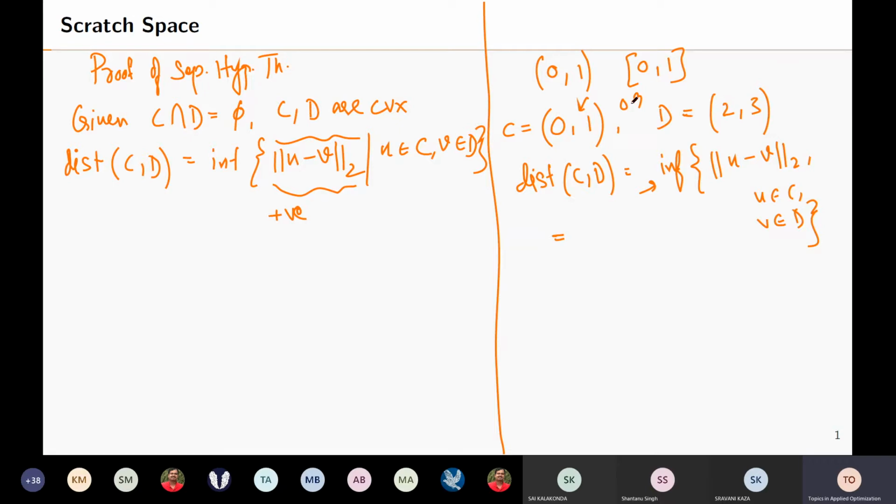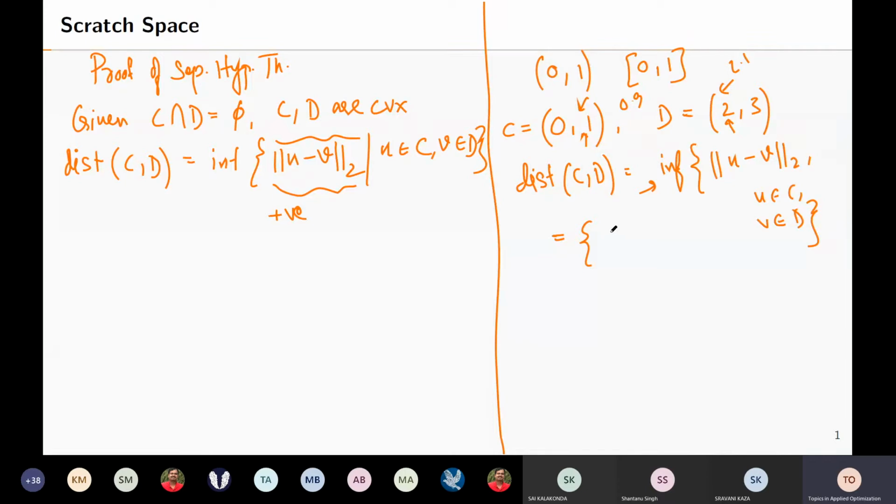The points you have inside C are something like 0.9, and here the points are something like 2.1. If you take differences of points very close to 1 and points very close to 2, you are not allowed to take 2 exactly or 1 exactly.